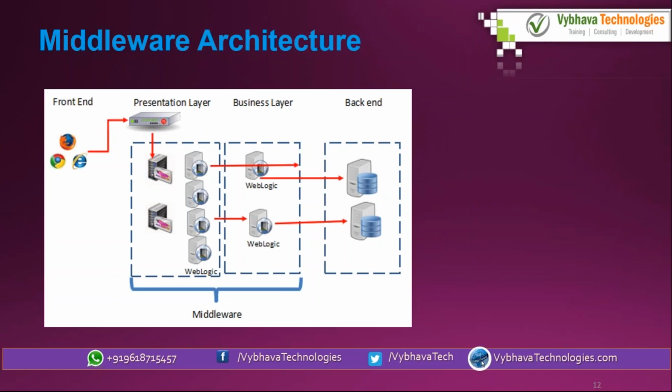OHS, Apache web server, IIS web server are different companies providing the same kind of server. One protocol runs there, HTTP. To make it HTTPS, you should have SSL certificates. That is the presentation layer where the HTTP protocol servers are.